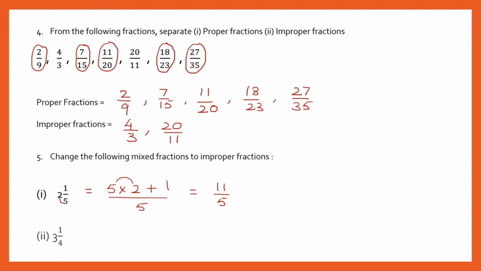Question 2. 3, 1 by 4. Let's do it the same way. 4 into 3 plus 1, and the denominator is the same, 4. So 4 3s are 12 plus 1, 13 by 4.